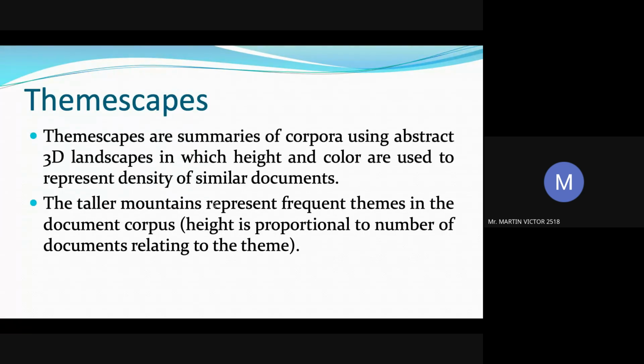You can see in the second point, the taller mountains represent the frequent themes in the document corpus. That is, height is proportional to the number of documents relating to the theme. So this is something like a mountain-based visualization, right? That is what your themescapes is.